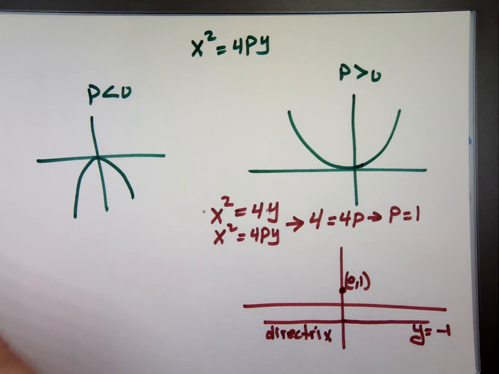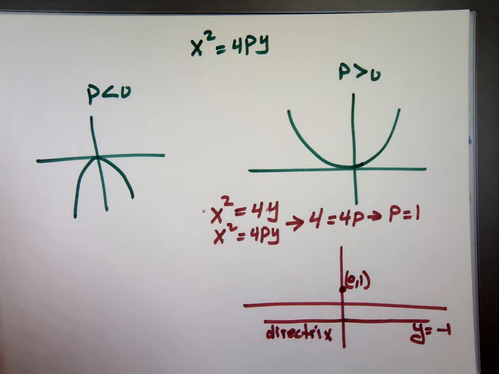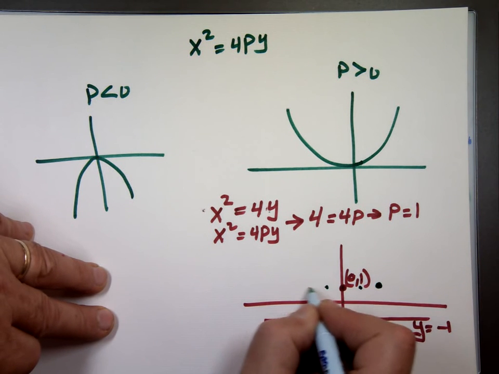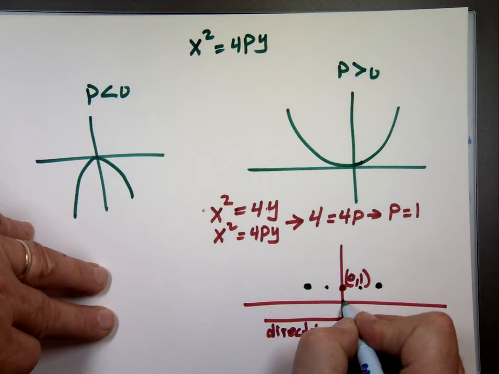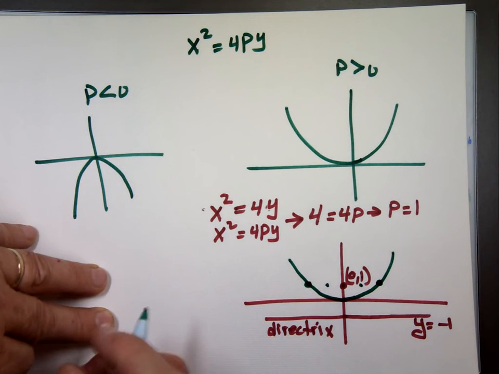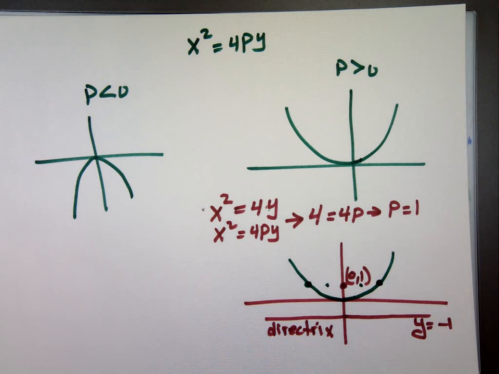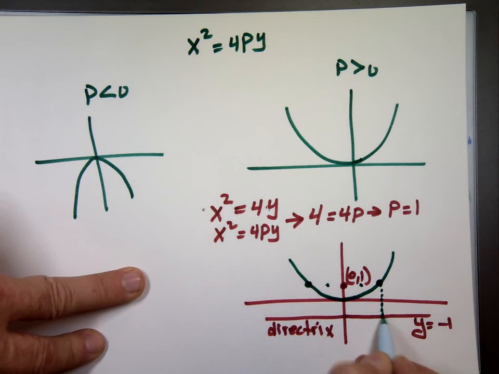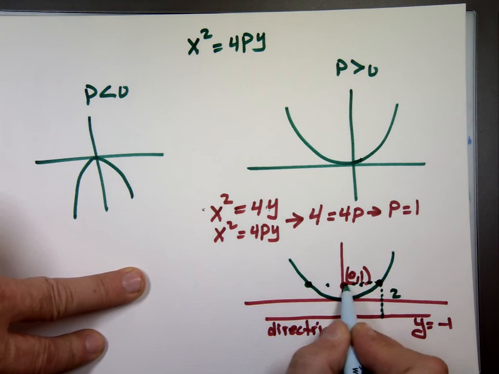So from this point now, I'm going to go 2 to the right and 2 to the left. And that's the graph. Notice that distance here, if you measure that, that's 2. If you measure this, that's also 2.